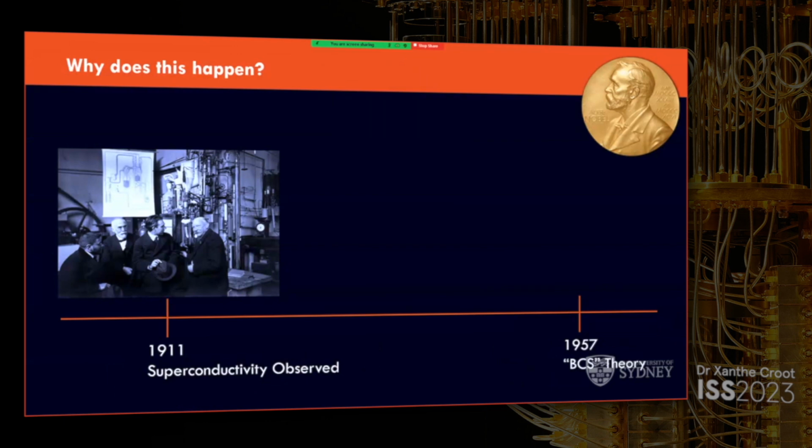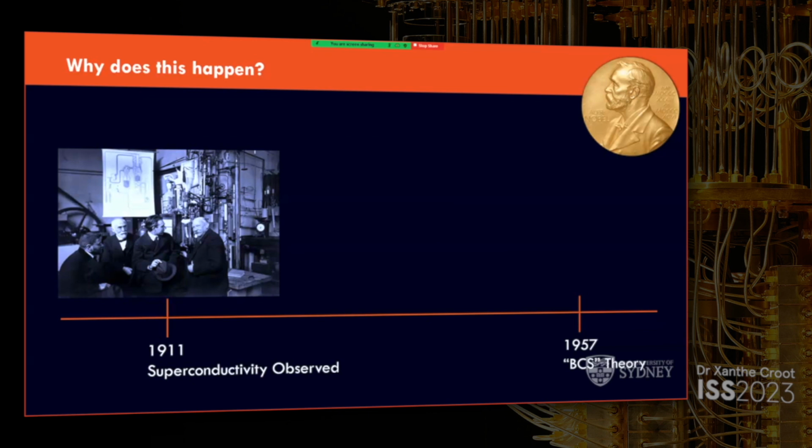Well, superconductivity was observed in 1911. And as an experimentalist, I am very familiar with the phenomenon where a theorist will predict something, and then experimentalists run around for 20 years trying to observe that thing that was predicted, and doing all the work in the lab to understand and see the phenomenon.